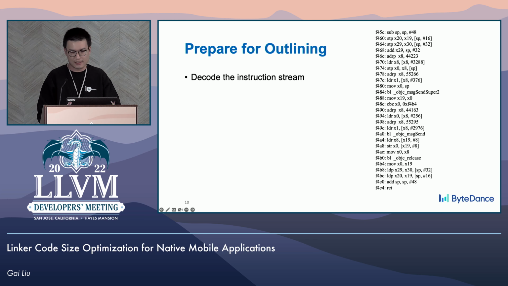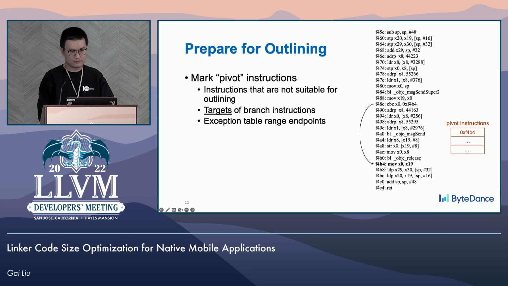On the right-hand side, I'm showing you a small function that we will use as an example. Note that this will only be a sketch of the flow, and I'll skip some of the details. First, we need to decode the bytes of the instructions so that the linker will understand. We wrote our own decoding logic to extract useful information from the binary encodings of the instructions.